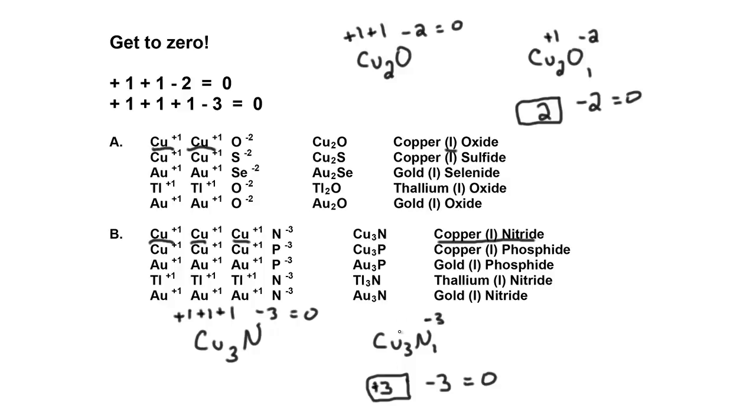What could it possibly be? It's a plus 1. Negative 3 times 1 is negative 3. We have to get to 0. Positive 3 minus 3 equals 0. Something times 3 is a positive 3, so this something is a positive 1. Copper 1 nitride. All right, so that's how we'd write that out.